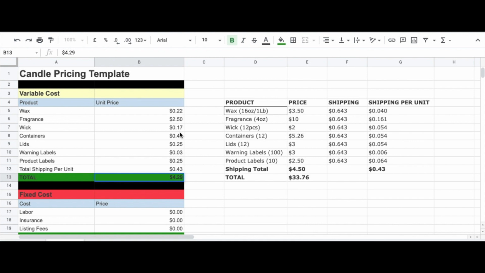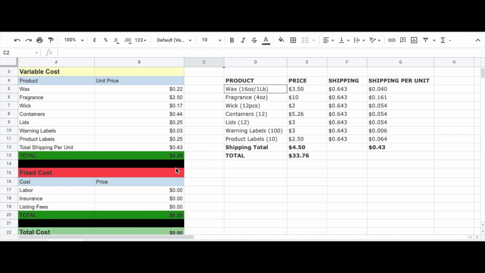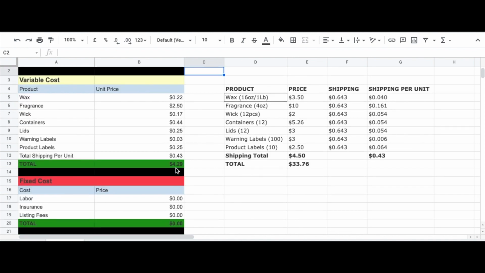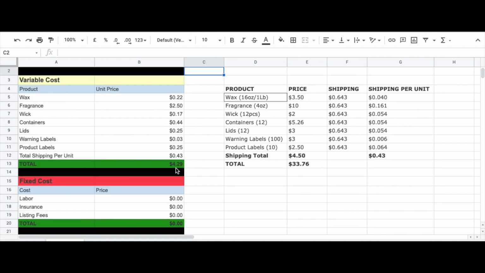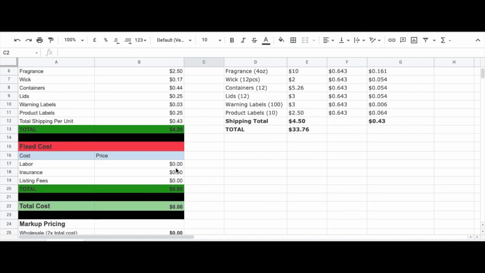So check to see if it matches with mine, and if it doesn't, please go back and redo it. I want you to understand clearly how to do it yourself, because this is the easiest method ever. Now that we found our variable cost, let's go on to finding our fixed cost.